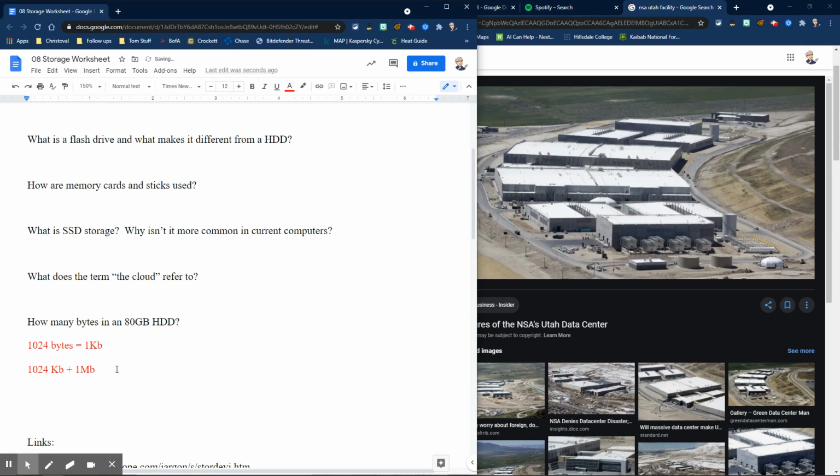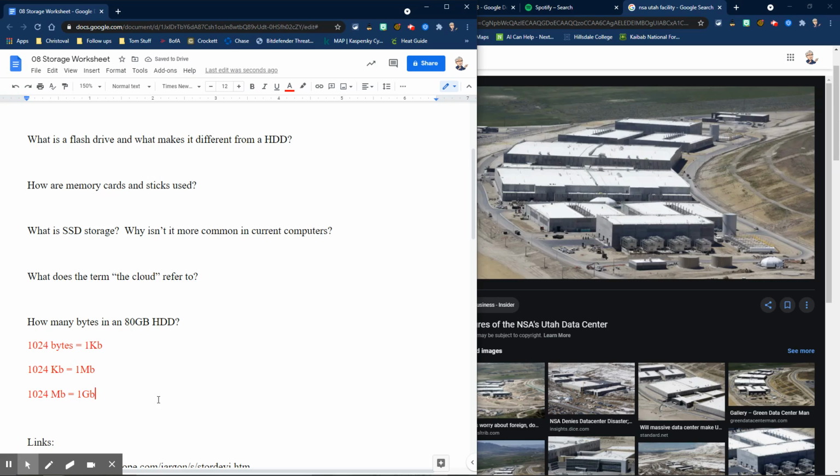And following along the same lines, there are 1,024 megabytes in one gigabyte. Let me fix this up here.